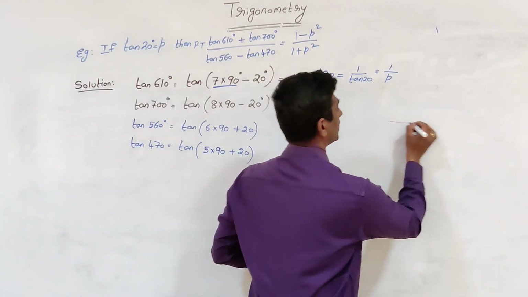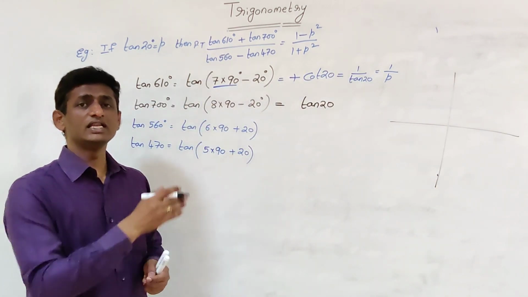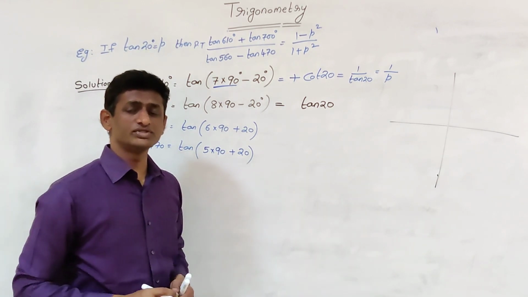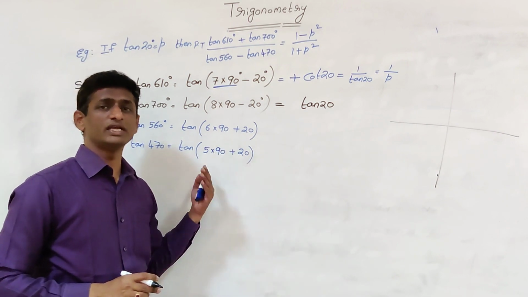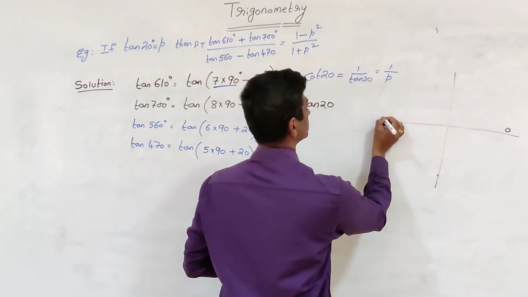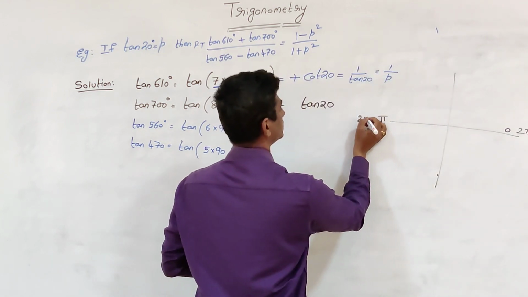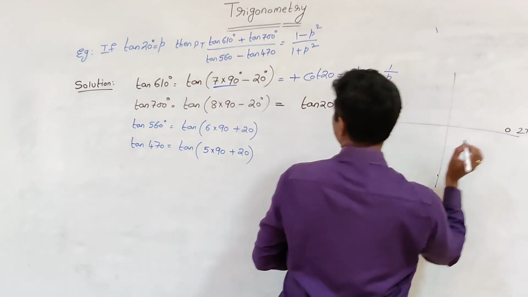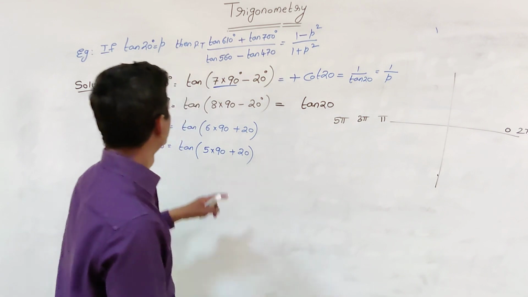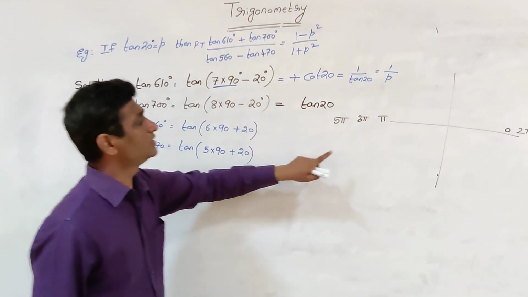Now, as I said, an even multiple of 90 lies on the x-axis. Some of them will lie on the positive x-axis and some on the negative x-axis. So 0 degrees, pi, 2 pi, 3 pi, 4 pi, 5 pi. 8 into 90 can be written as 4 into 180, which is 4 pi.